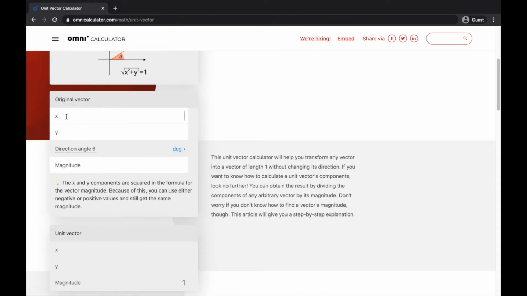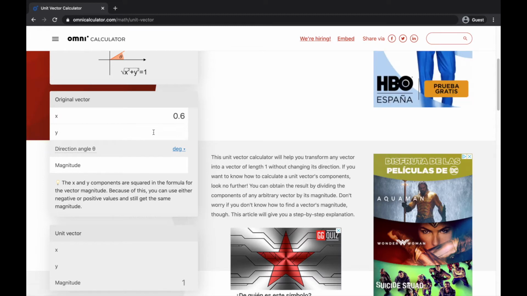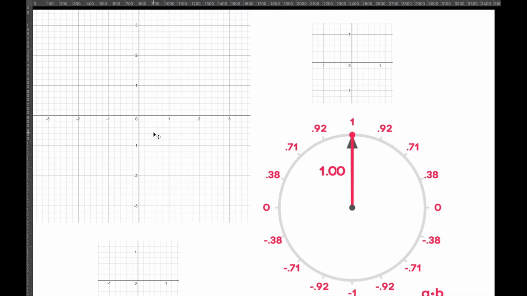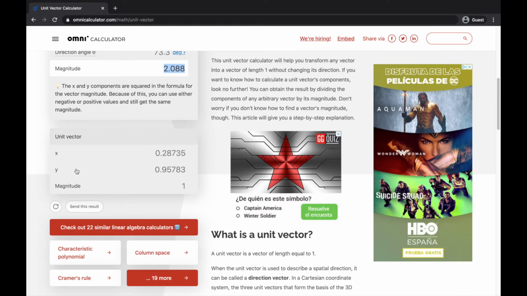For the X we set 0.6, and for the Z, which is Y in this case, we set 2. Let me verify it: 0.6 and 2. You can see the magnitude of this vector is 2. So if you want to scale it down, the positions of X and Y will be 0.29 and 0.95.